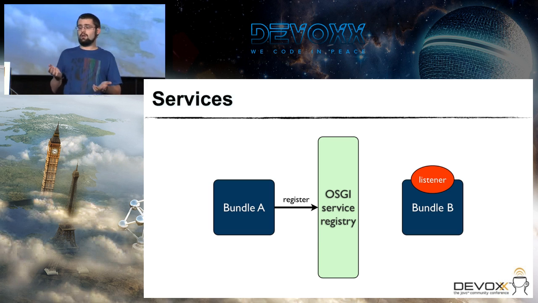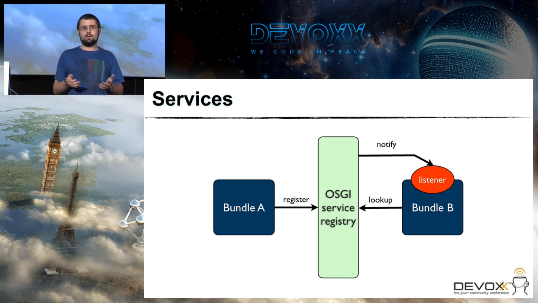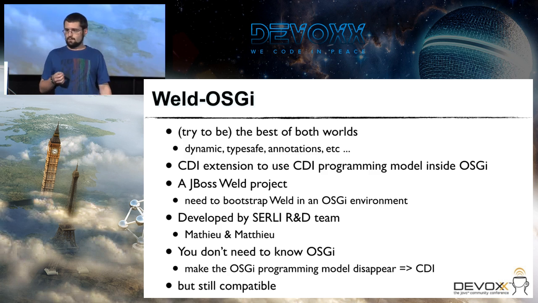But if bundle B was here before bundle A, there is no such service yet. And then when bundle A registers this service, the registry just notifies bundle B, and then bundle B can look up for the service and use it.